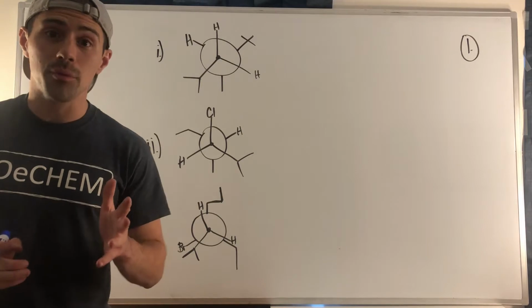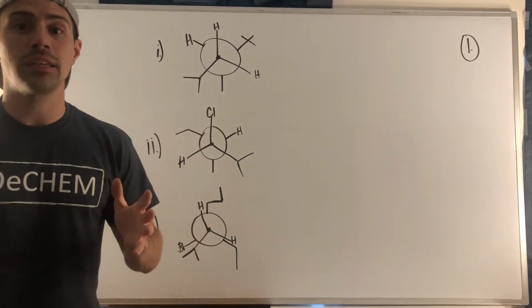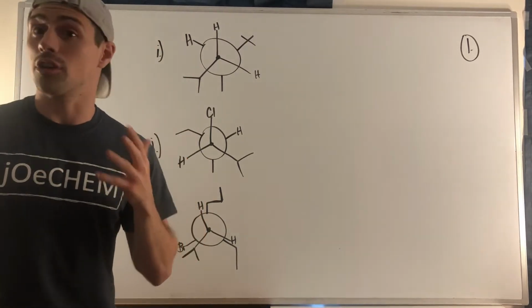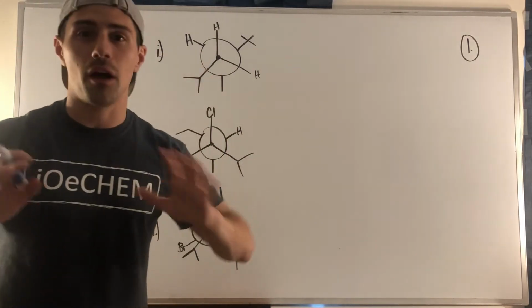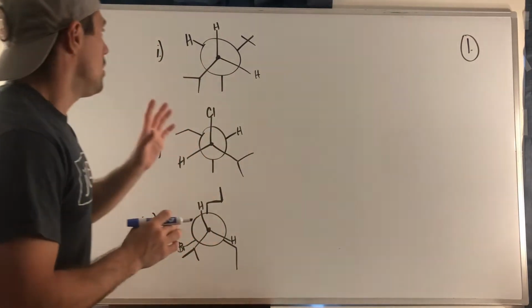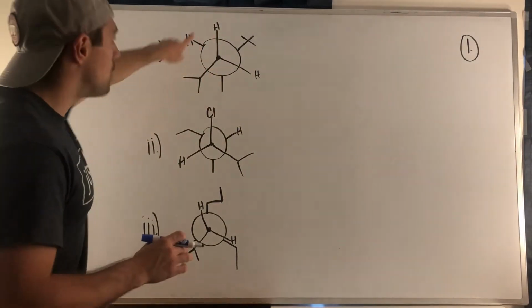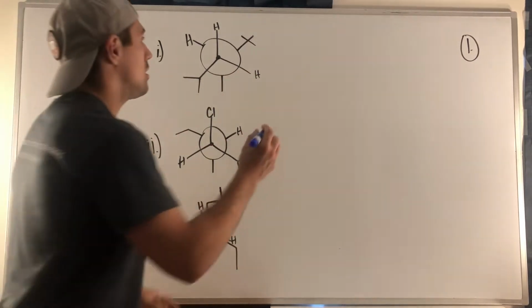Okay, gang, so in problem one, we have three little sub-problems, and all we're doing is, given this Newman projection, I'm just asking to see what this structure is in bond line. So no thinking critically about the molecule's energy just yet. What I like to do, and remember, the dot carbon is the front carbon, this bigger circle is the back carbon, is actually just draw those two.